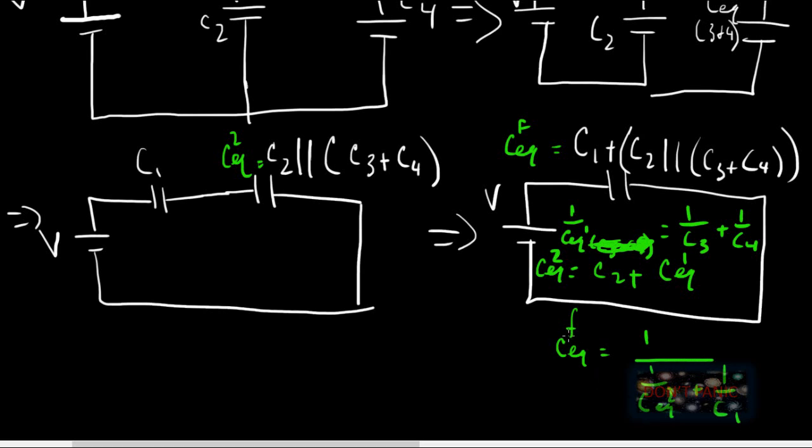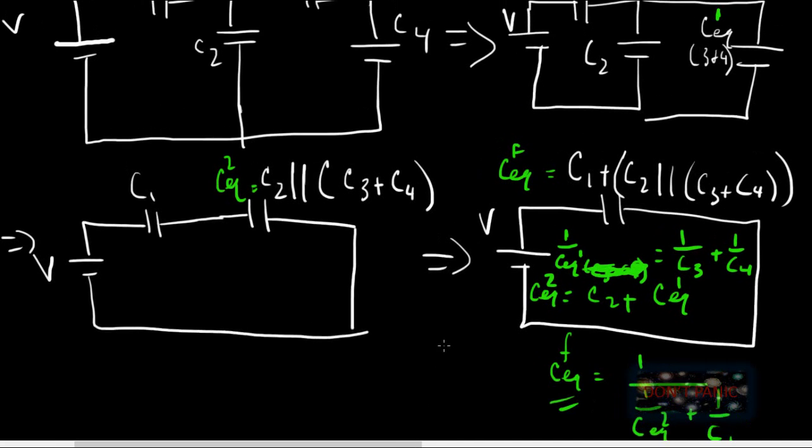Okay, so instead of saying 1 over C equivalent equals 1 over C equivalent 2 plus 1 over C1, we just flipped this. We said C equivalent is equal to 1 over the whole thing. Okay, which is valid. Okay, so we know what C equivalent final is.